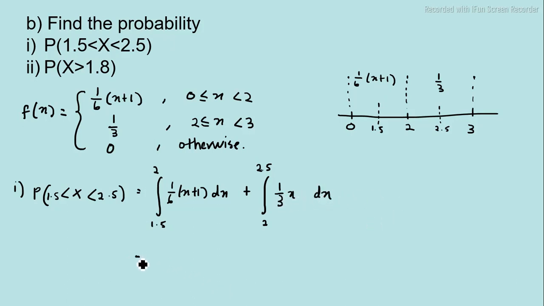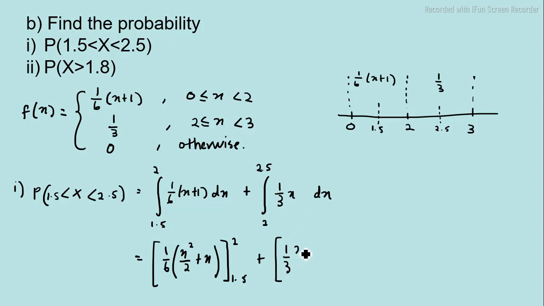Okay, so now we can do integration as usual. So you have 1 over 6, okay, x squared over 2 plus x, from 1.5 to 2, plus integrate 1 over 3.